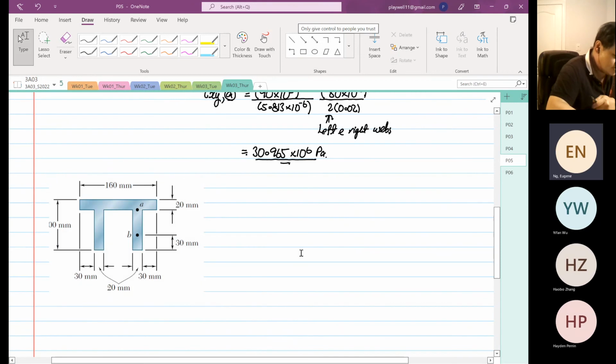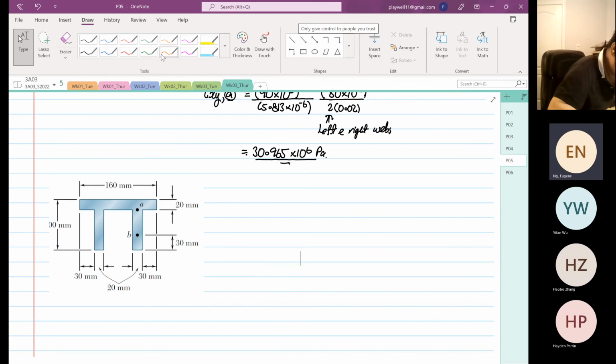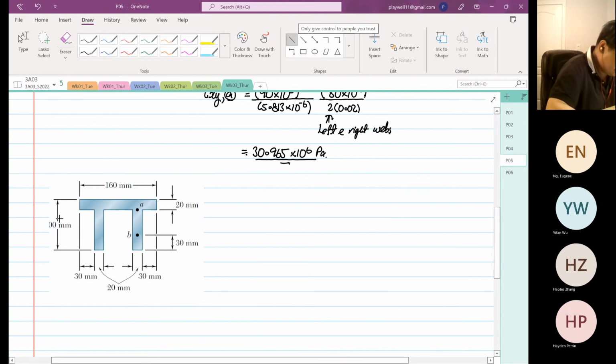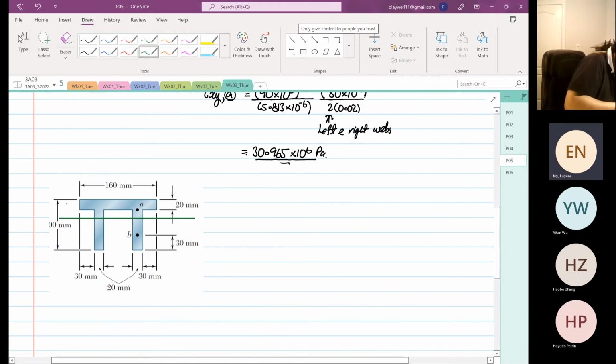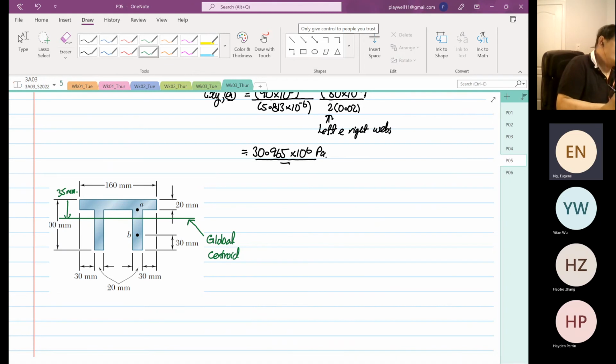Now, the next one is we want to find point B. We know that the global centroid is over here, and this is 35 millimeters. If we apply our rules: rule number one, V and I are constant.